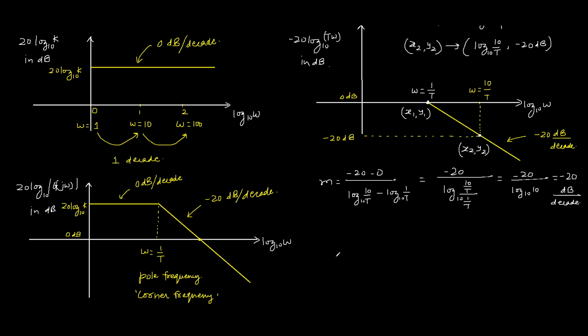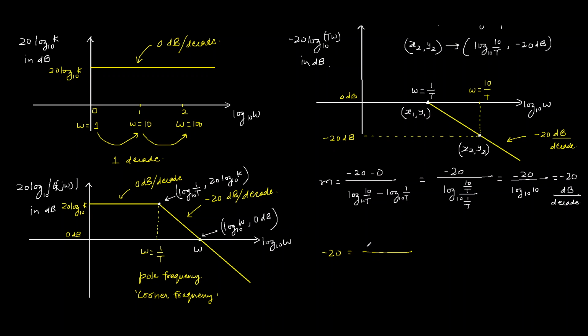So for this line, we know that the slope is minus 20 dB. We can write the coordinates of these 2 points, 1 and 2. The coordinate here is log 1 by t base 10, and the magnitude is 20 log k base 10. The coordinate of this point: here frequency is unknown, we will just write omega, log omega base 10, and the magnitude is 0 dB.